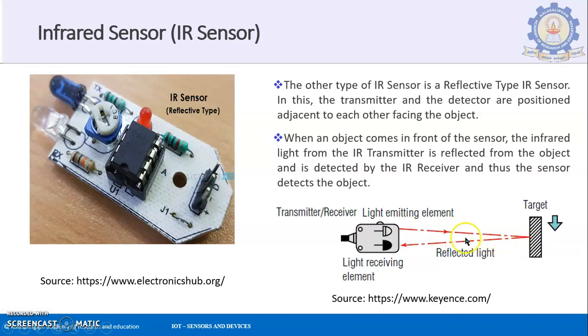The light will not get reflected back. When it is not getting reflected back, it is understood that the robot has to turn in the appropriate direction. So this is an application that you can build using a simple sensor, which is a reflective type IR sensor. You'll be looking into them in detail when you study these IR sensors much more clearly.